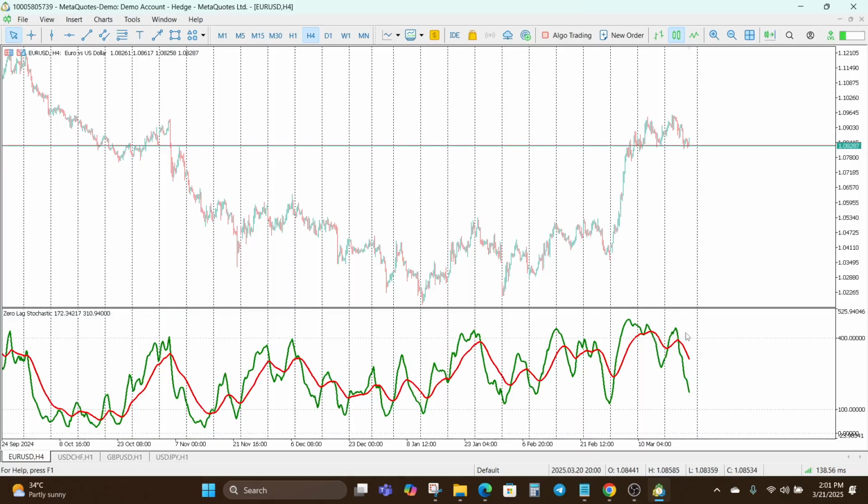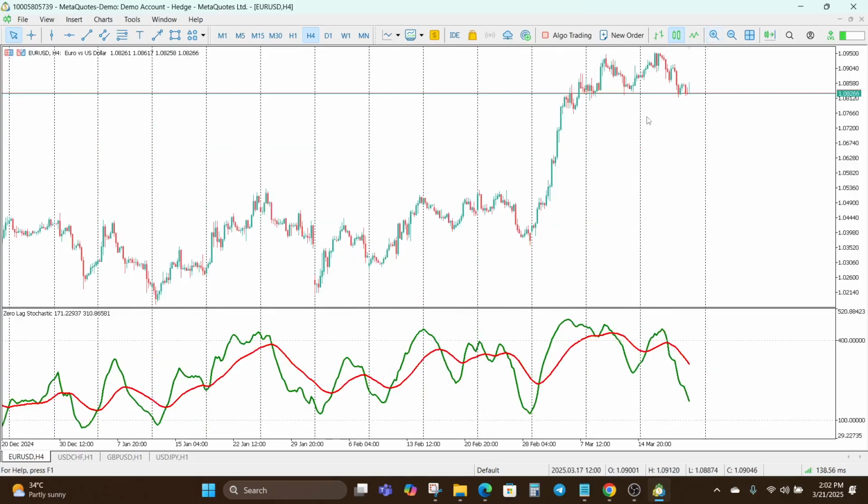Basically, when the indicator enters the overbought condition and then you have the green line cross below the red, it's a sell signal. In that case, you should be looking for sell opportunities, looking for bearish candlestick patterns or any form of sell confirmation pattern.